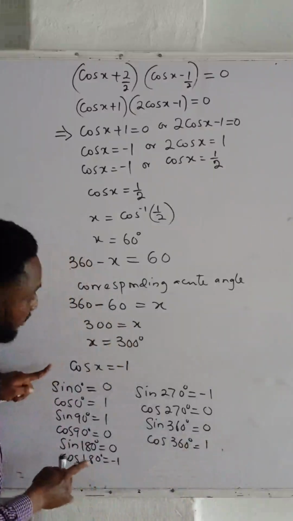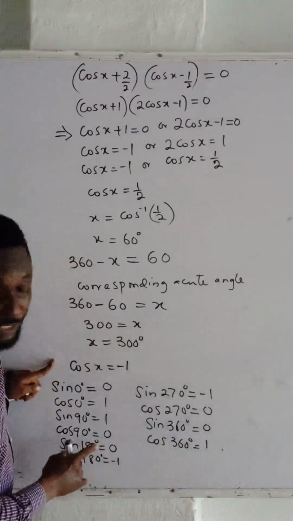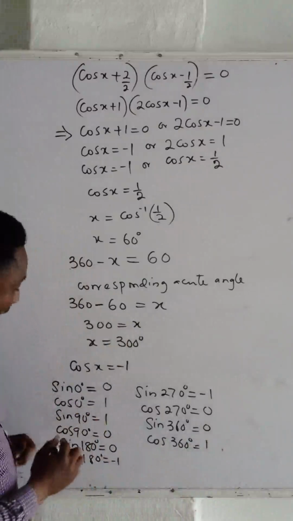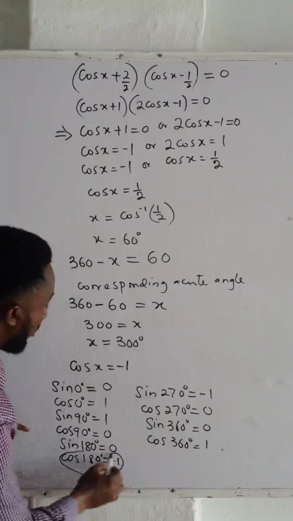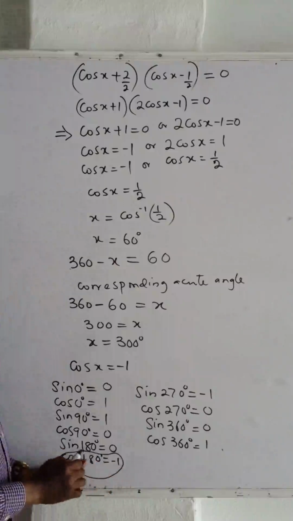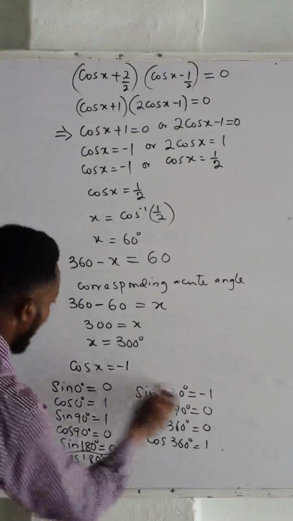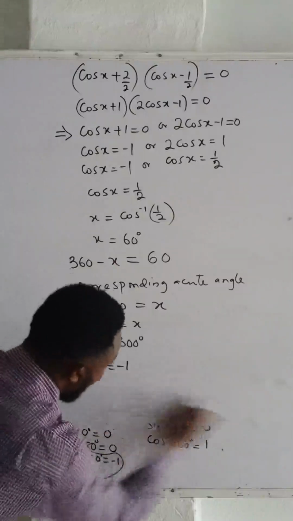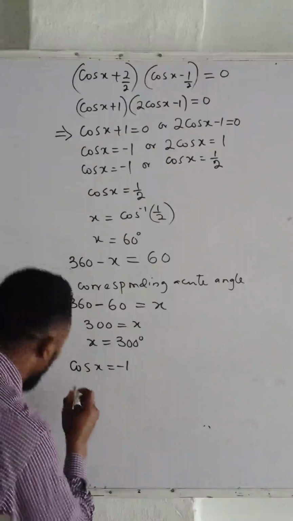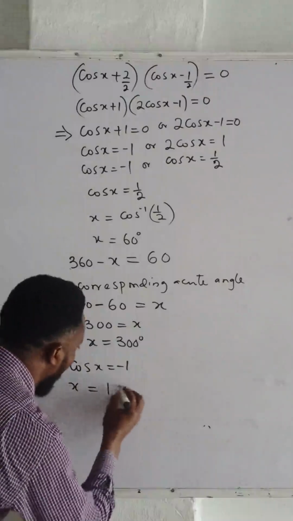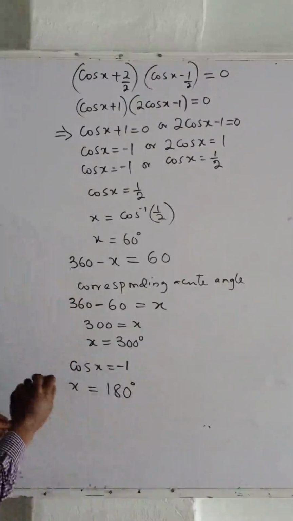You can see the alternation between 0 and 1 for sine 0 to 360. As you can see here, the cosine of 180 is equal to negative 1. So this is our solution. So at the end of the day, the last answer for x is going to be x equal to 180 degrees.